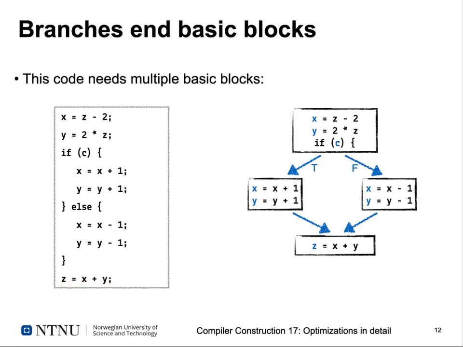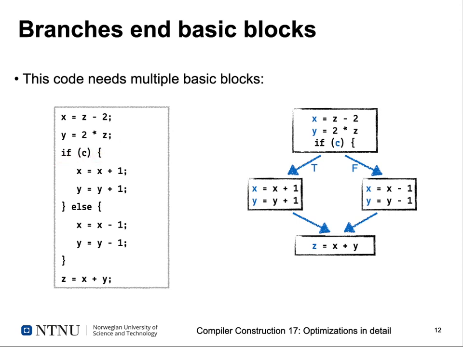So this piece of code needs multiple basic blocks, and we know that a basic block ends whenever a control flow change is possible. The first control flow change that's possible is after the if statement.